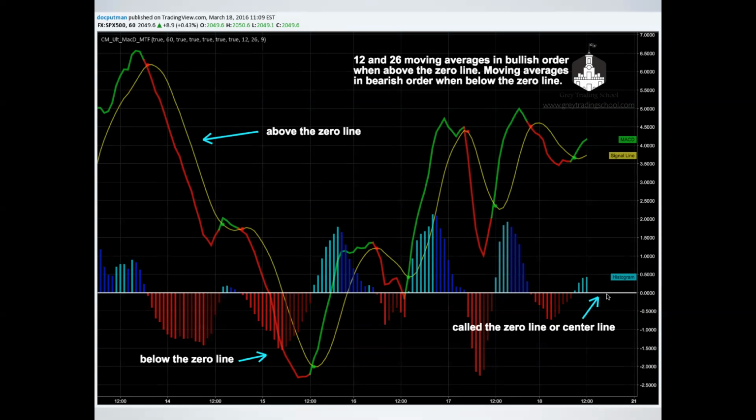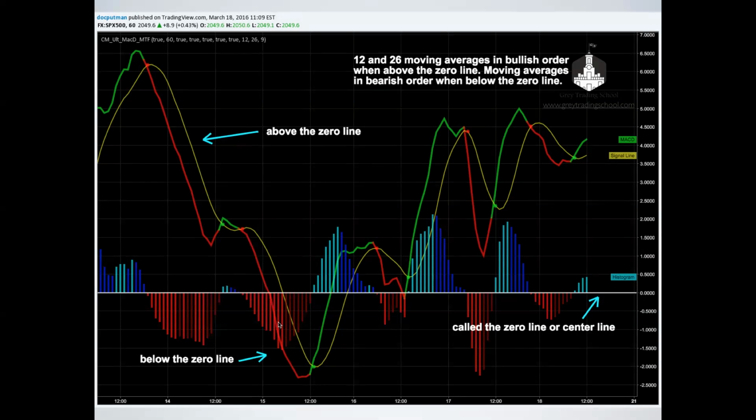So that being said, we covered in our moving average video what a bullish order or a bearish order of moving averages is. And so when the moving averages have crossed over and are now in bearish order, you'll see that this MACD line will be below the center line or the 0 line.